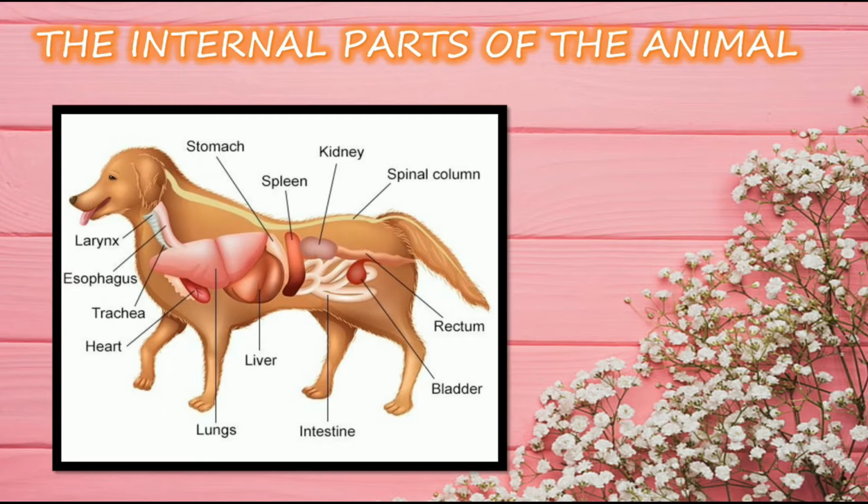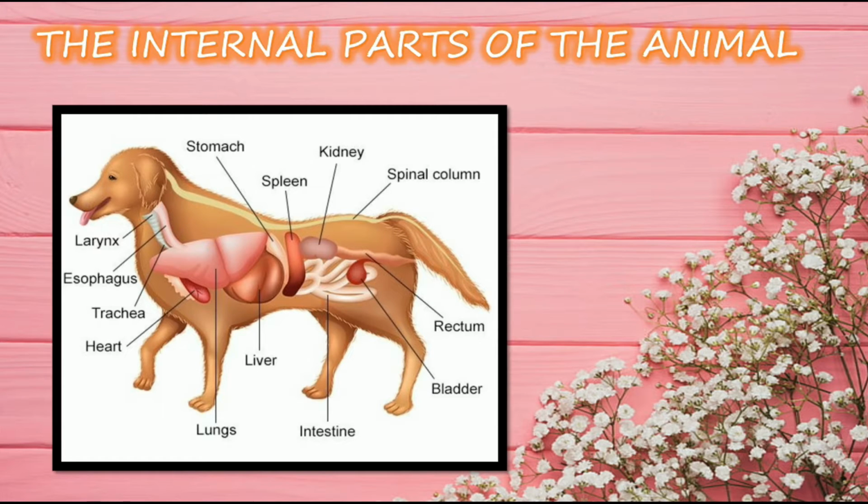First comes the stomach. Stomach acts as a blender in which food is ground into small pieces along with the liquefied acid, which is used to convert food into energy. Next comes spleen.